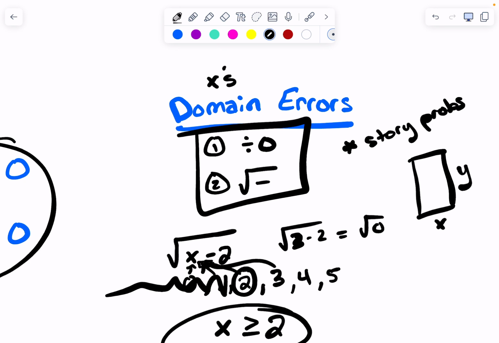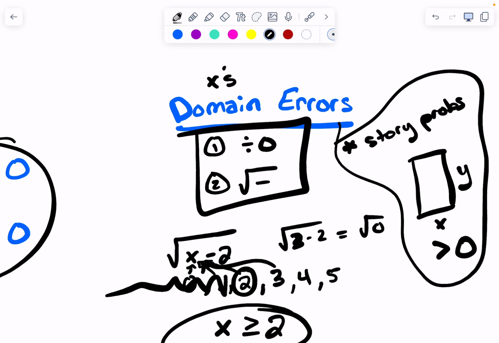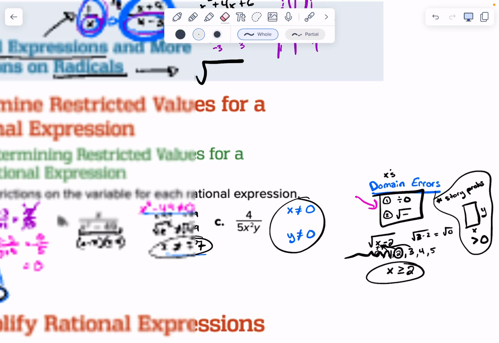They have to be positive numbers. They'd have to be greater than 0, right? So that's another way that we restrict the domain, in story problems. Usually it has to be bigger than 0, okay? But for the most part, when you're dealing with equations, you have to worry about those 2 things: not dividing by 0 and not having a negative inside the square root.